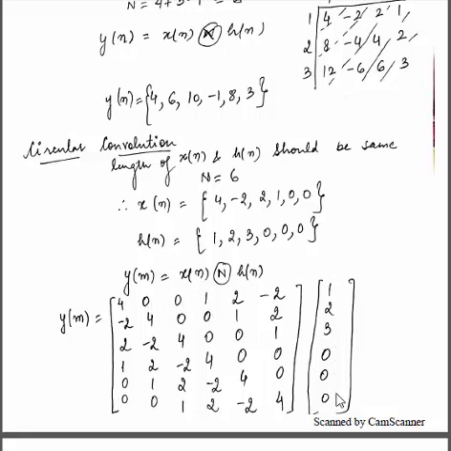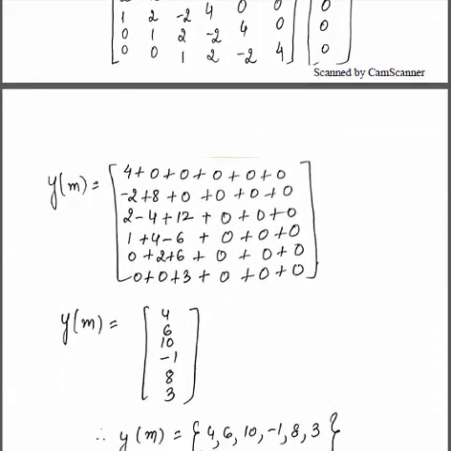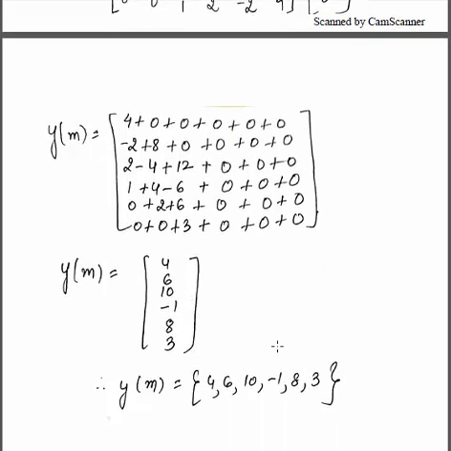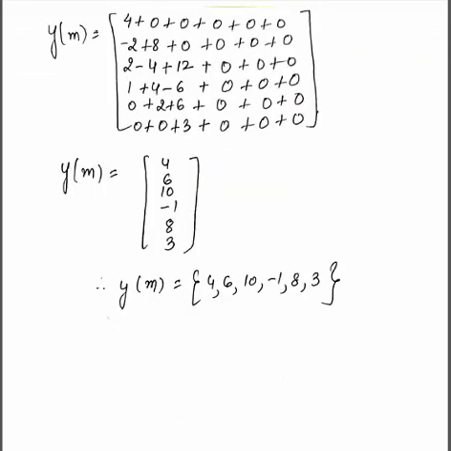Then multiply each row and column, and at the end we got 4, 6, 10, minus 1, 8, 3. Now that is equation number 2. Now compare equations 1 and 2. Therefore the result of linear convolution and circular convolution is the same.